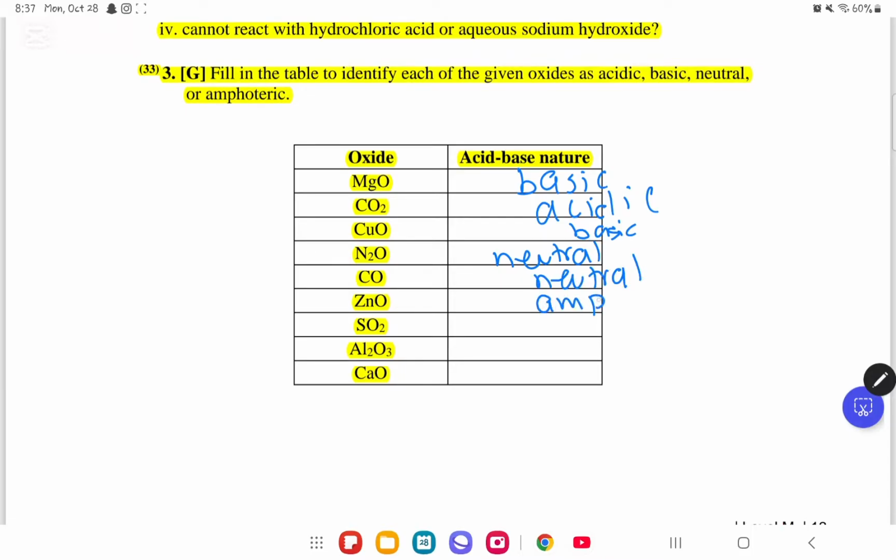ZnO is amphoteric. Okay, SO2 is a non-metal with an oxide, so it is acidic. Al2O3 is amphoteric, and then finally CaO is a metal with an oxide, so it is then basic.